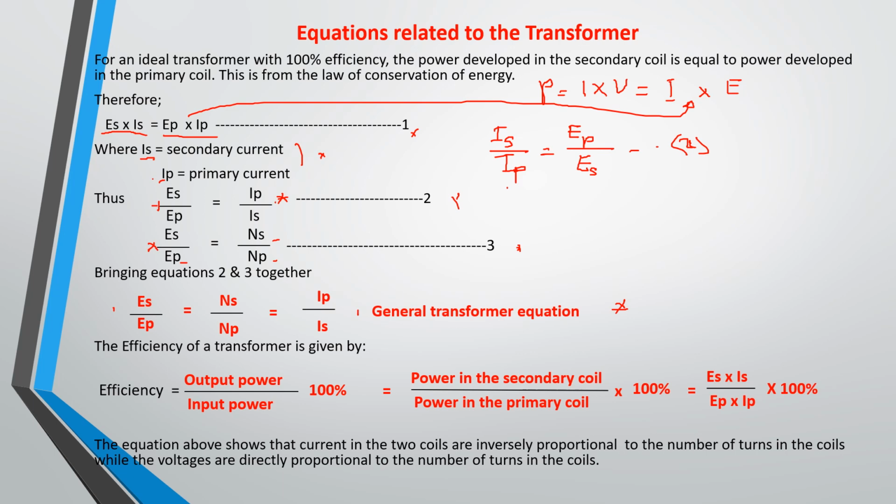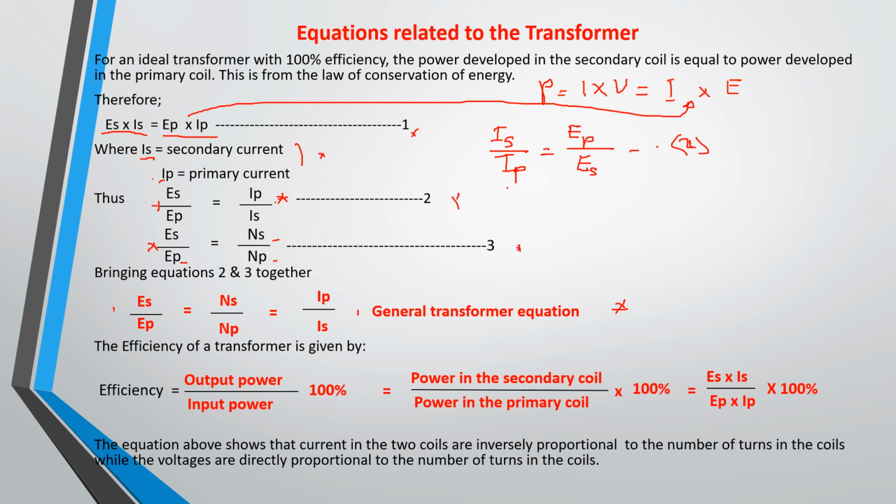Now also for the transformer, remember that efficiency is power output over power input. So in this particular case, power output over power input times 100% is efficiency. For the transformer, power output is power in the secondary coil and power input is power in the primary coil, times 100%. And we've said that power is equal to electromotive force times current.